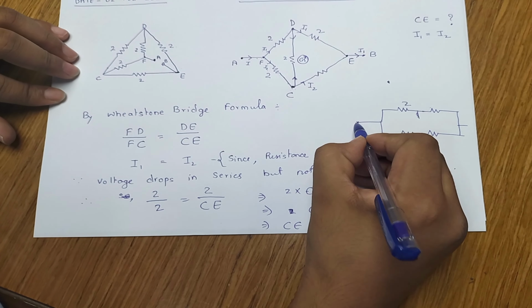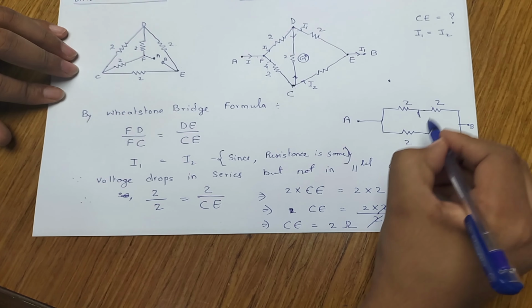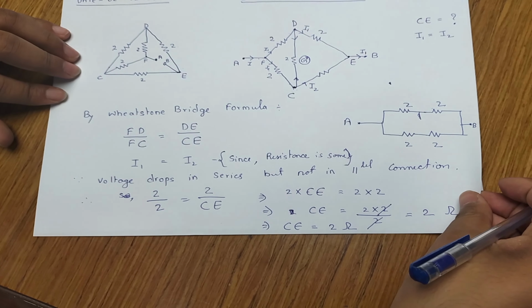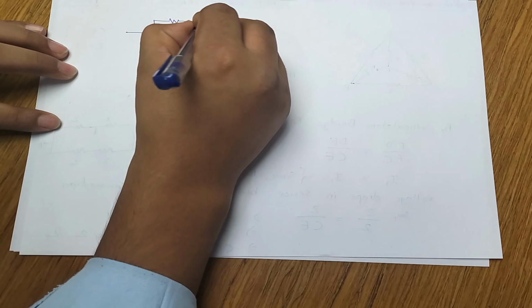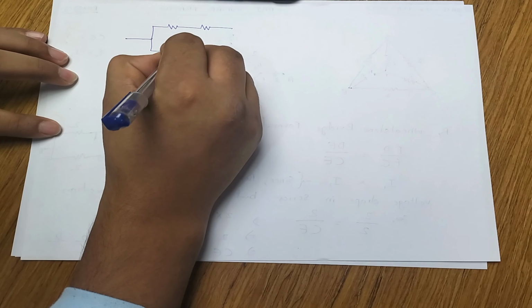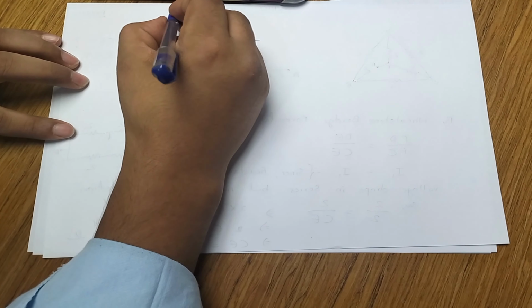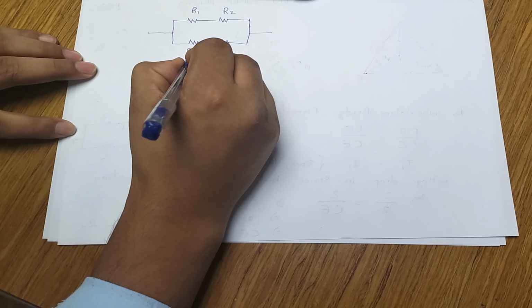It will be like that: point A, point B, 2 ohm, 2 ohm, 2 ohm, because in every condition we have found the value. Now we will simply represent the value, 2 ohm, 2 ohm. Suppose it is R1, R2, R3, R4.